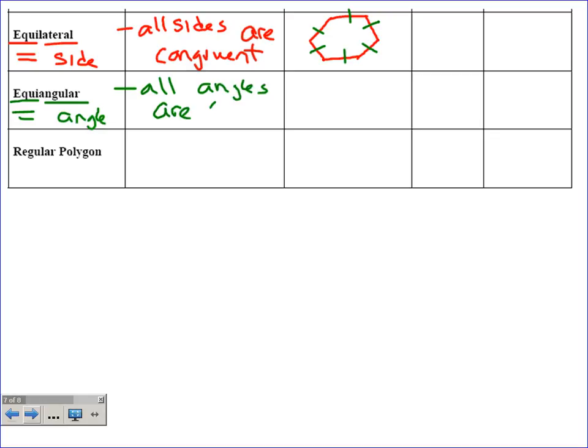Is this easy or what? You're going to use the sign for congruent. So if I was going to draw a triangle, and this was 60 degrees here, and 60 degrees down here, and 60 degrees over here, that'd be equiangular.